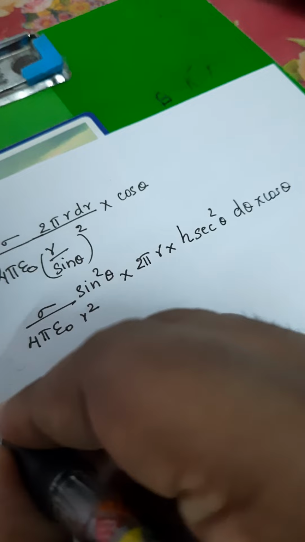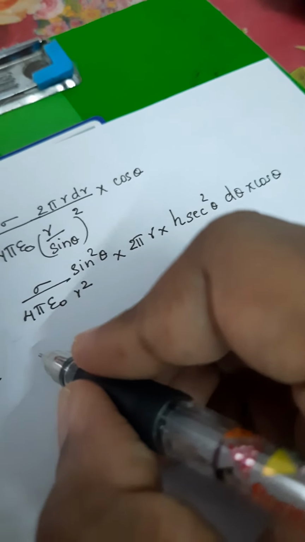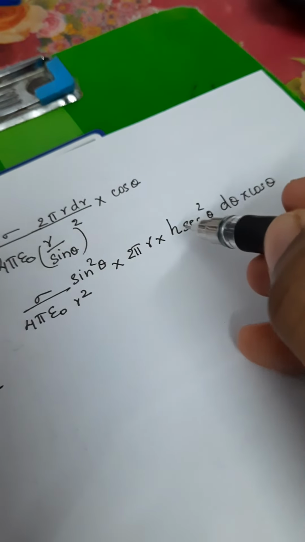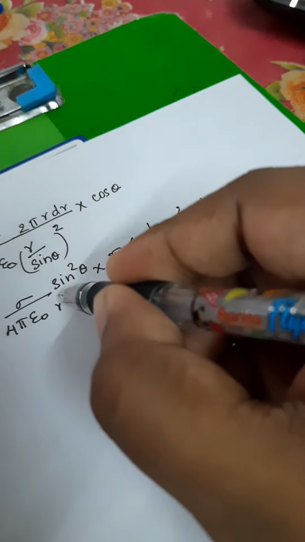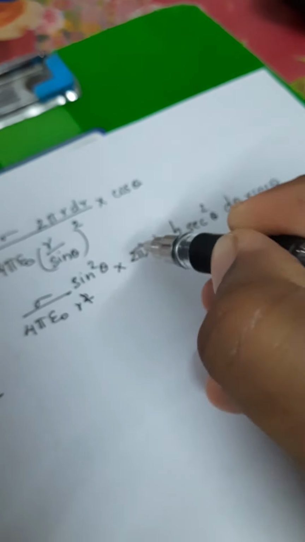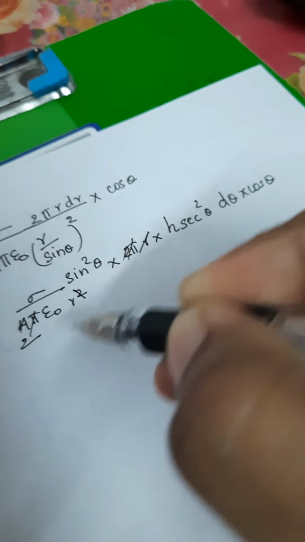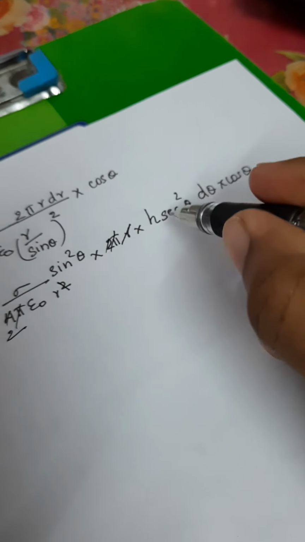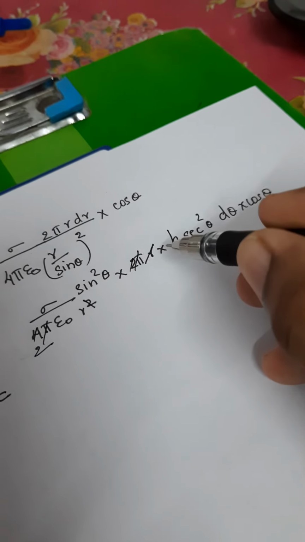So again, rearranging the whole thing, this r and this r square cancel, this pi and this pi cancel, and this 2 and this 2 cancel. The sec square theta we can write as 1 by cos square theta. So h also we can substitute.